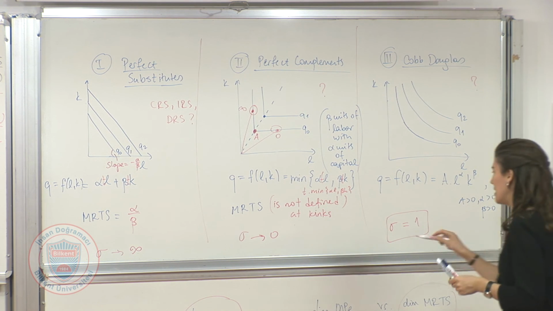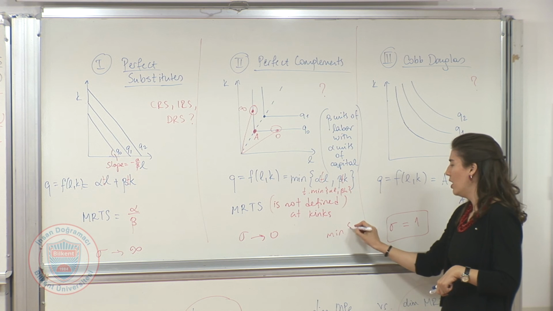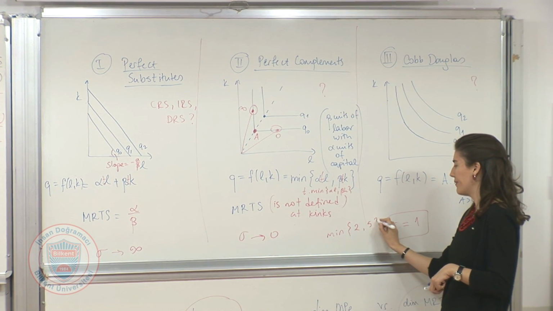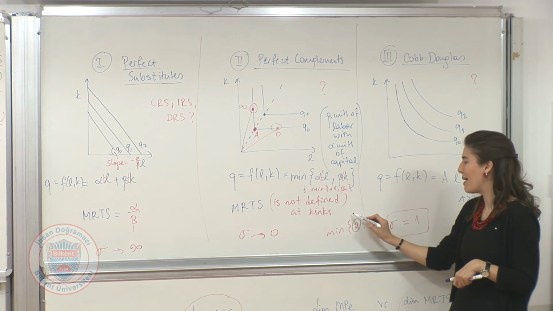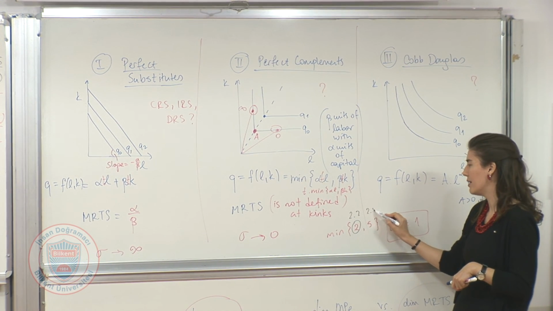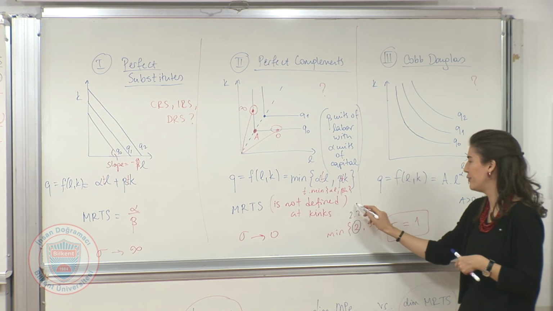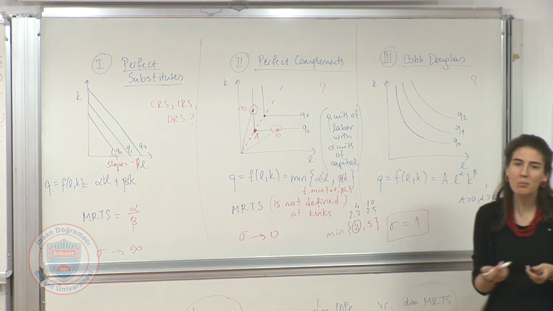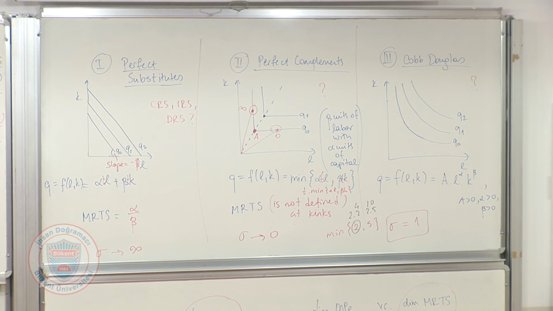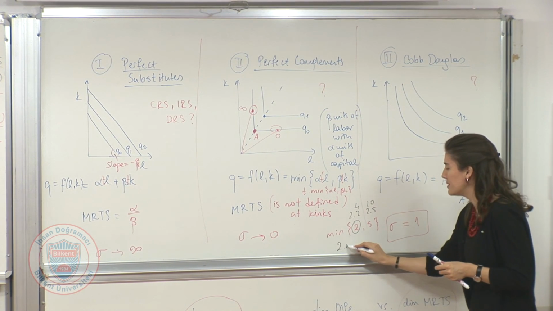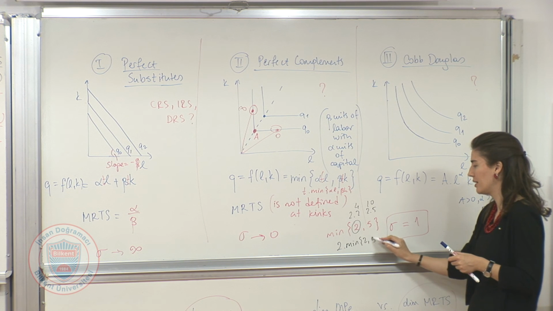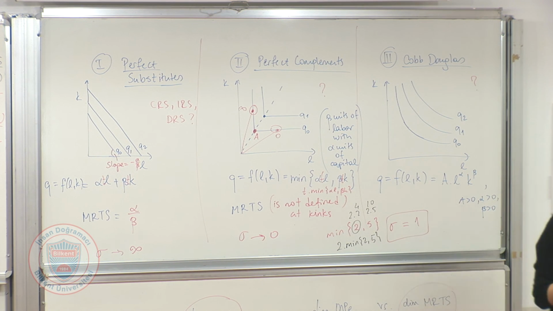Suppose I have this minimum of 2 and 5. The minimum of 2 and 5 is 2. So I multiply these guys by 2. So this is 4, this is 10. The minimum is still going to be the minimum, right? So the minimum is going to be 2 times the previous minimum, basically. You can always write it like this, okay?